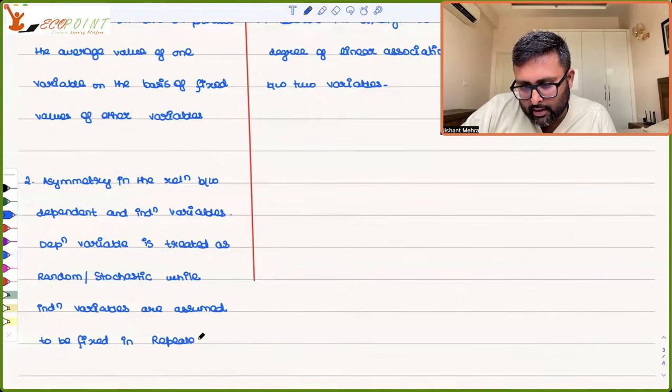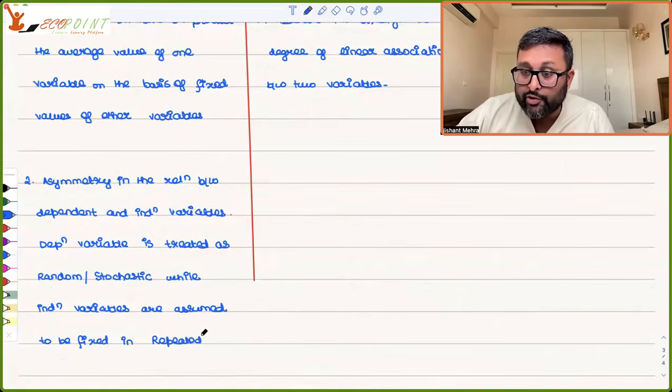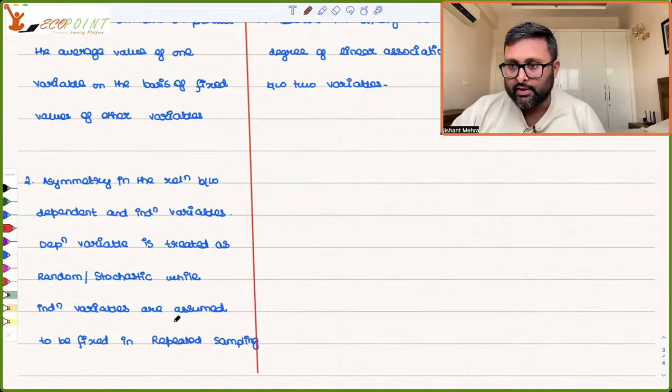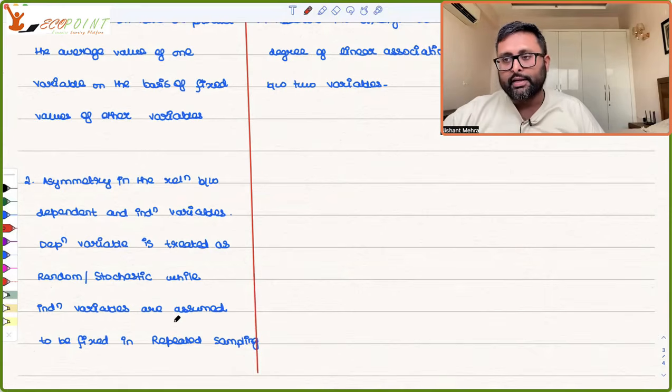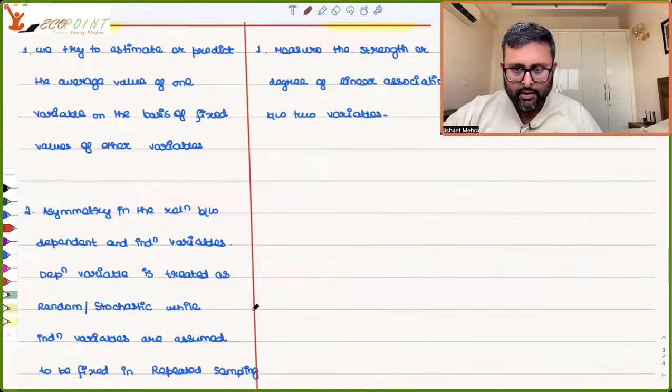I will talk about this word repeated sampling in detail in other videos because I need to tell something more about it. For now, just write down that independent variables are treated as fixed. Like height of fathers is an independent variable, an explanatory variable that is treated as fixed, right?